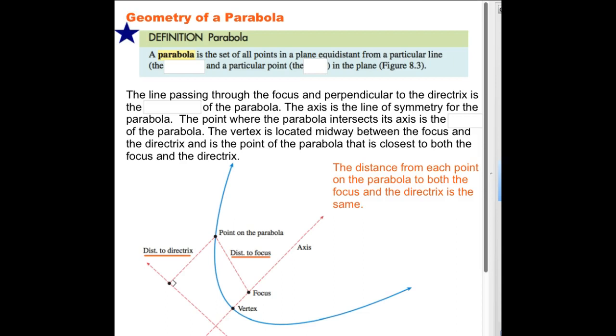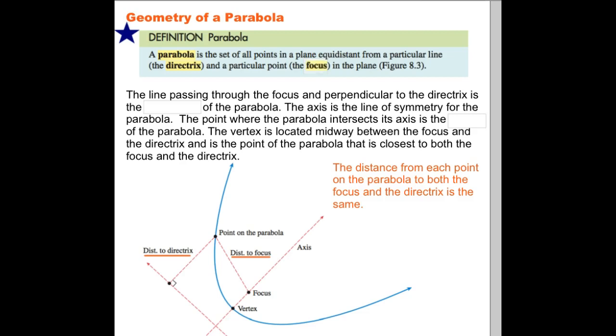All right, so the definition of a parabola. It's the set of all points in a plane that are equidistant from a particular line called the directrix and a particular point called the focus. So in a parabola, the directrix and focus are key features that you need to recognize.